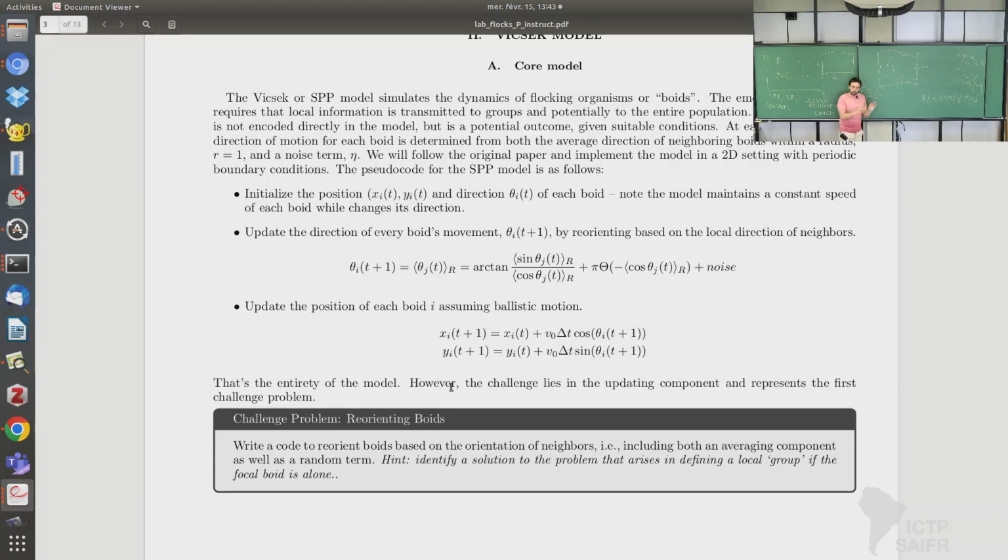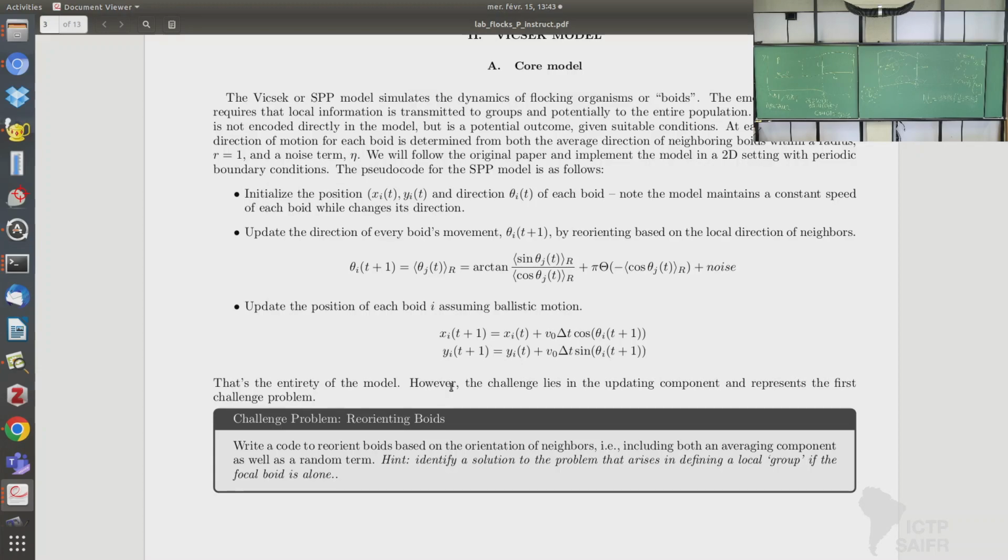And to decide who's inside the neighborhood, I need to calculate the distance between this bird, which I call F, and any other bird in the population. So you will calculate the distance to this one, this one, this one, and this one.